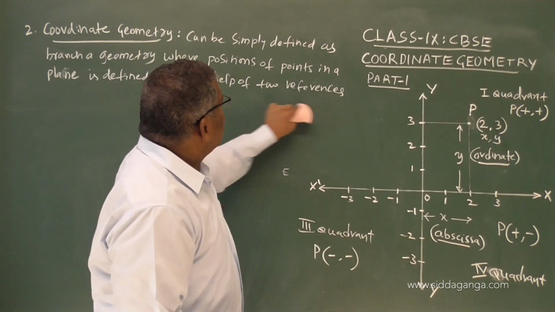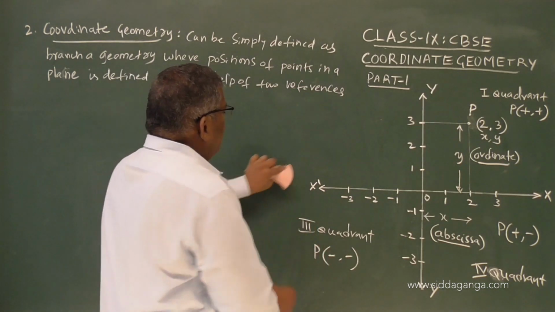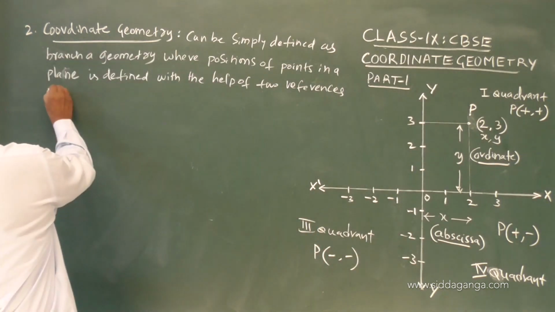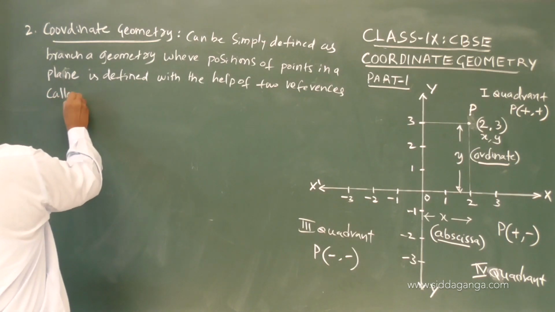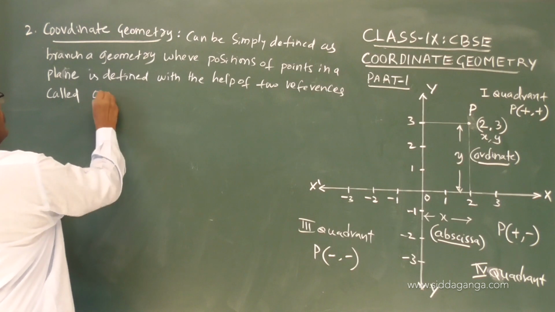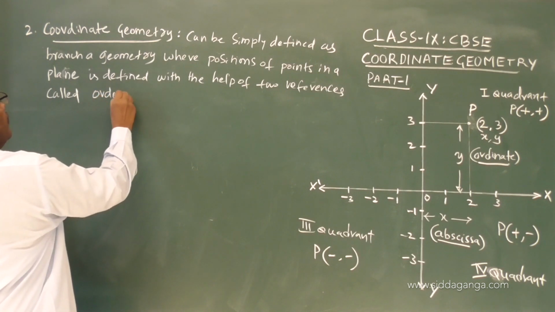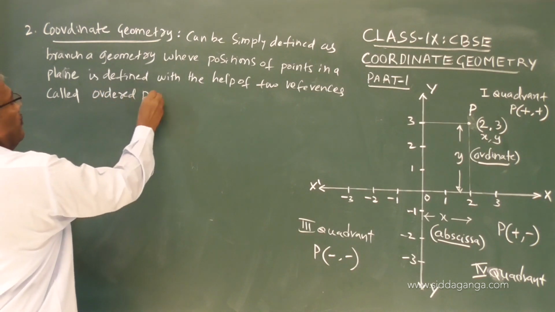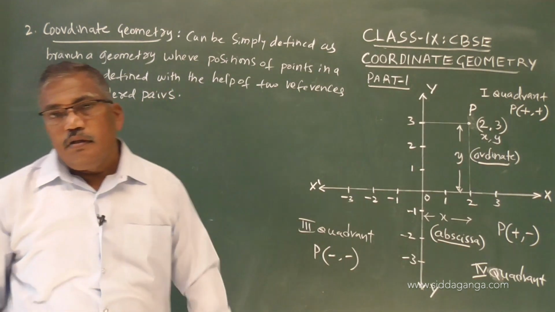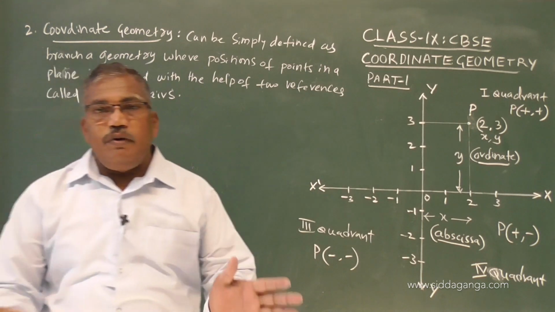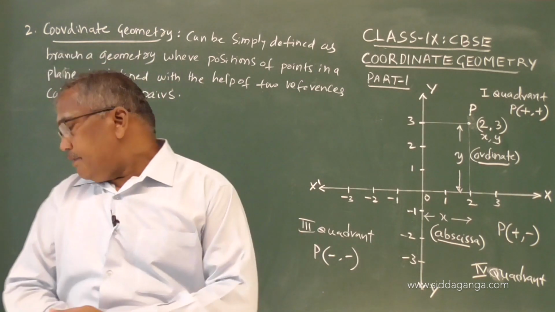Two references are called ordered pairs. So we call P(x, y) an ordered pair.